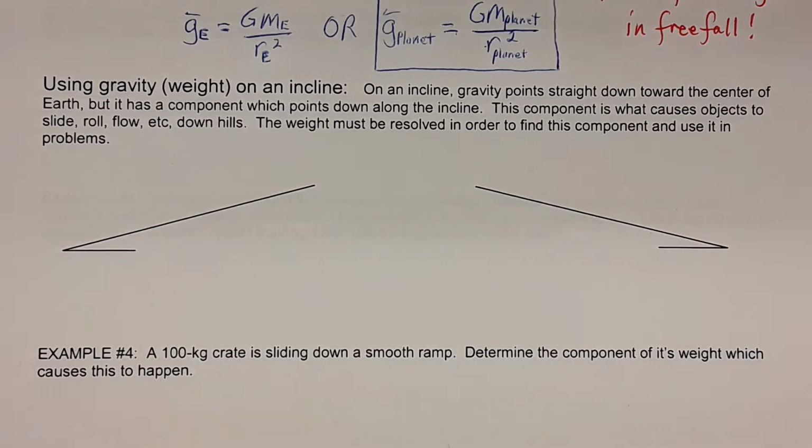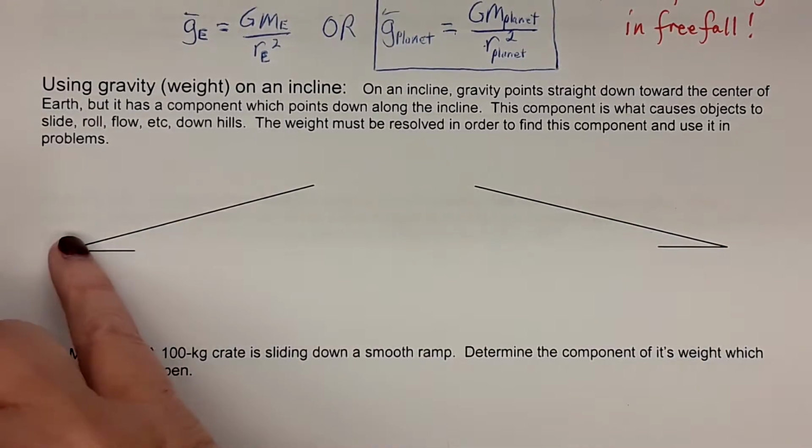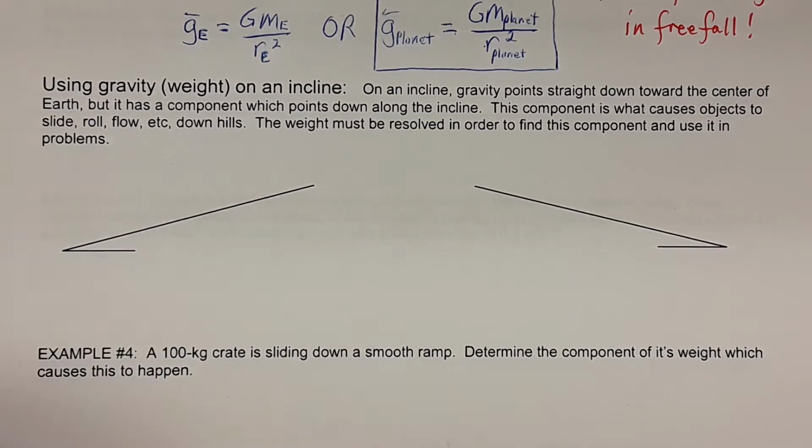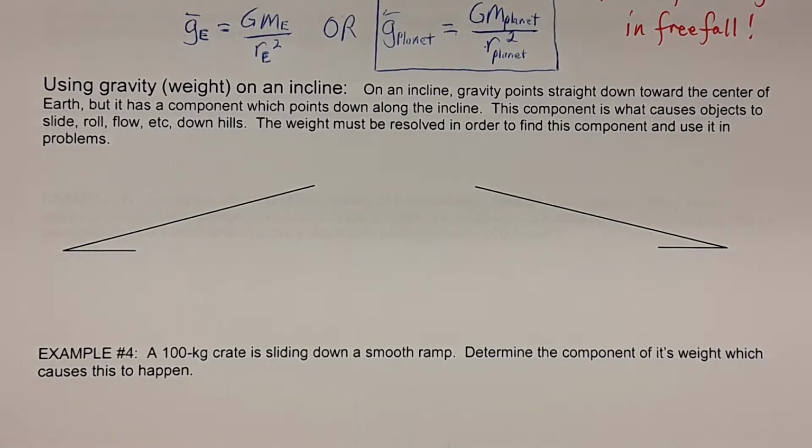Now, back when we were looking at linear kinematics, we learned how to resolve acceleration due to gravity on an incline to see how much of the acceleration due to gravity an object would have along the incline. Now, it won't be in free fall if it's accelerating along the incline because it's not falling straight down. It's not just gravity that's acting on it. The surface of the incline also acts on it.